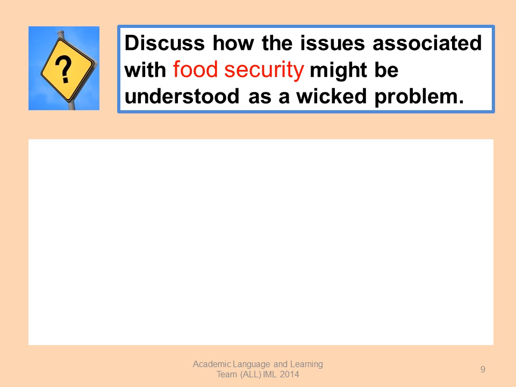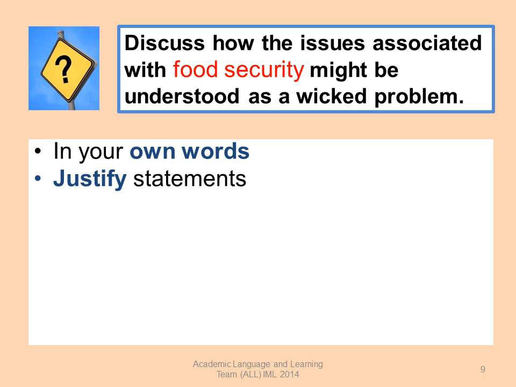So I'll talk about the question in a bit more detail here: discuss how the issues associated with food security might be understood as a wicked problem. The first 2 points are very important. Try and use your own words as much as possible. When we mean your own words, we mean, generally speaking, your expression has been put together with the help of information from various sources.